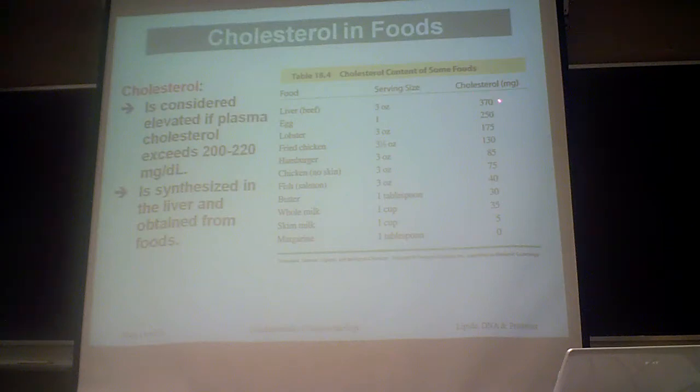So after heart disease became a major issue, people stopped eating liver. I remember when I was young, we ate a lot of liver. It's one of the major sources, because cholesterol is produced in the liver, right? So that's where all the rich source is.